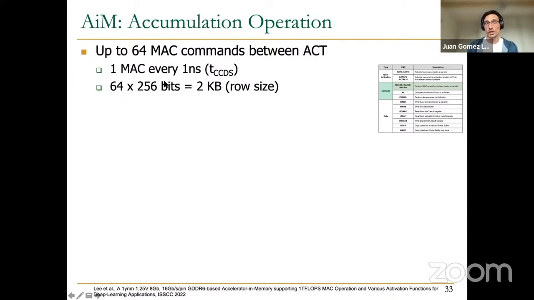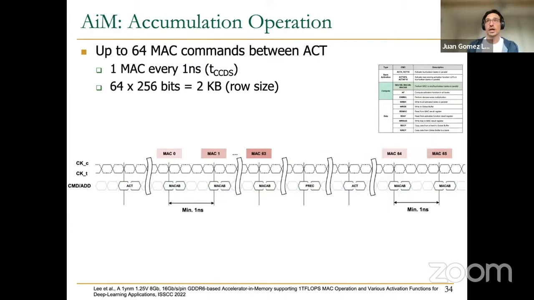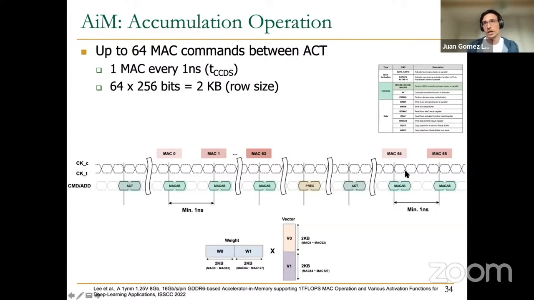Observe that between MAC and MAC it is necessary to respect this interval tCCD, the column-to-column delay, as we can see here in this timeline. So we have first one activation, then we can start issuing MAC commands to different columns of the same row, and after having issued 64 of them, we'll have to precharge and then activate a new row, and then issue up to 64 new MAC commands.